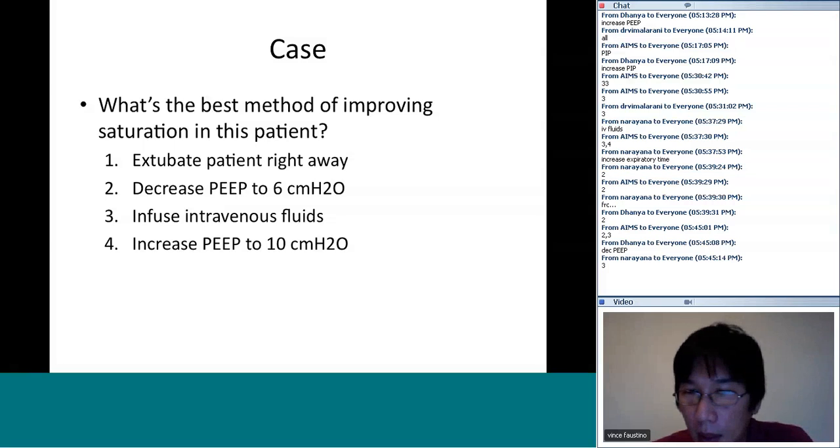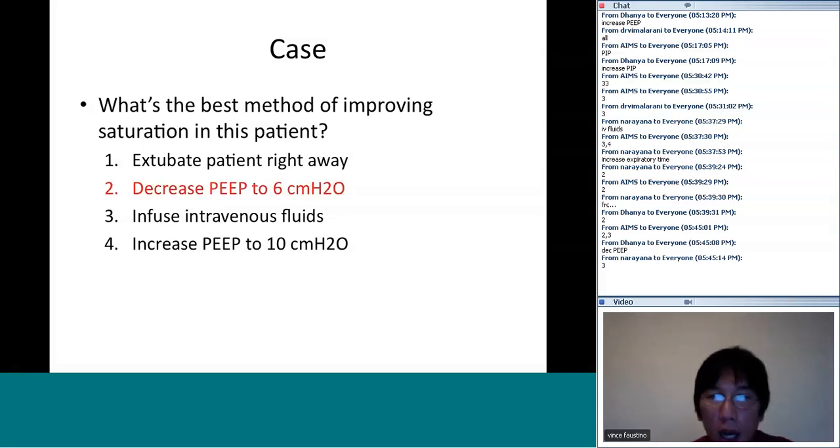Okay, so people answered either 2 or 3. I would say just go down on your PEEP to 6 cm water because you already know that the SATs were actually very acceptable at a PEEP of 6. Infusing IV fluids is not a bad idea, but I think just going down on the PEEP is better.